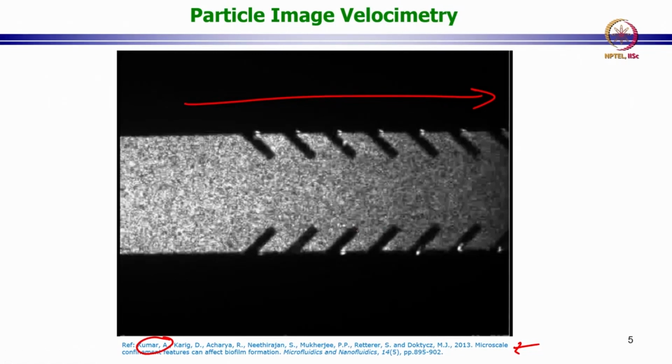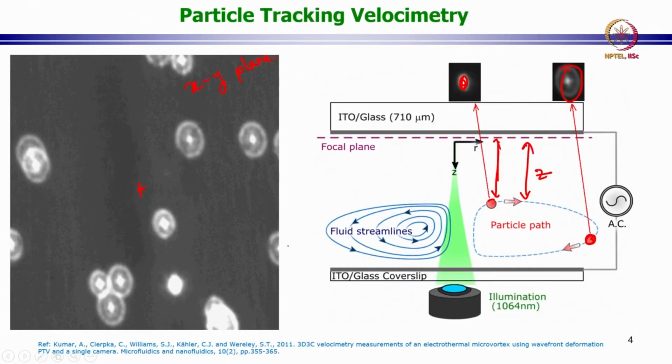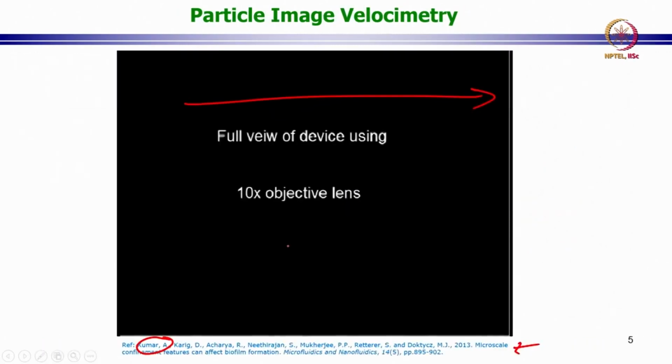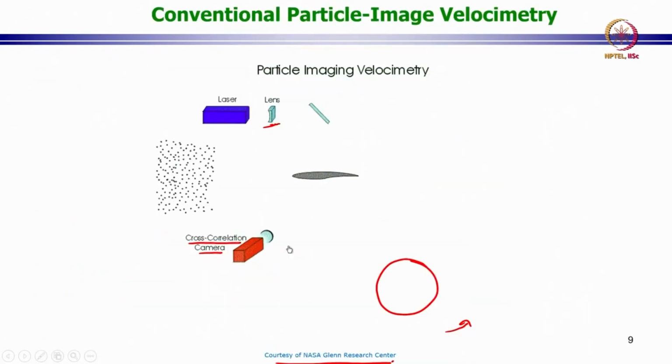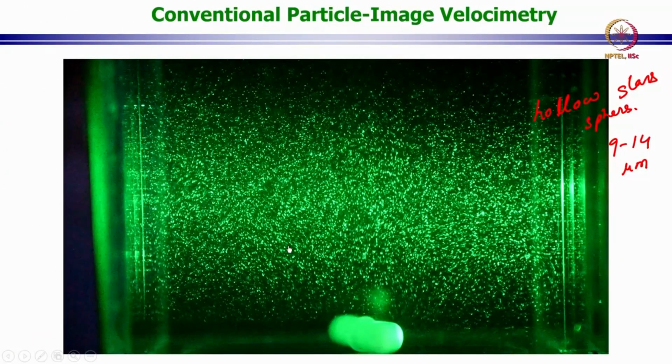In both this video and the previous one, these are fluorescent imaging cases, whereas in this case the glass spheres are not fluorescent, they are just scattering the light that is shining upon them. There is a laser shining from the side, and the hollow glass spheres are just scattering that light and appearing green in the image, because the imaging is being done with a DSLR camera, which is a color camera.